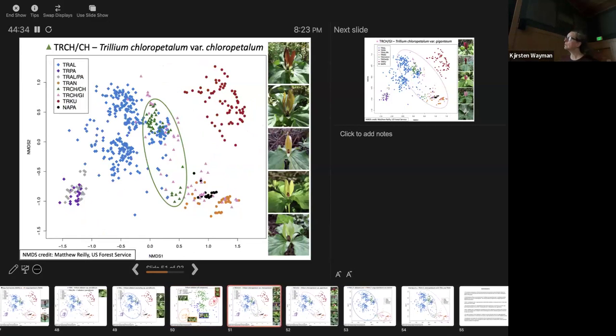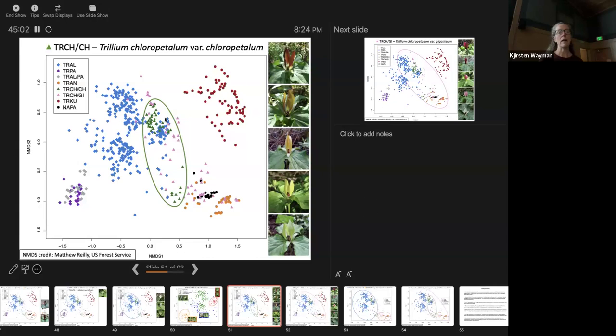Now, about Trillium chloropetalum, we've got 2 varieties. Again, there's variety chloropetalum, and here in the green circle are those plants. So chloropetalum are the green triangles, and you can see they overlap extensively with Trillium albidum up here. And they also are in this intermediate region between angustipetalum, which are the orange dots, and albidum, which are the blue diamonds.